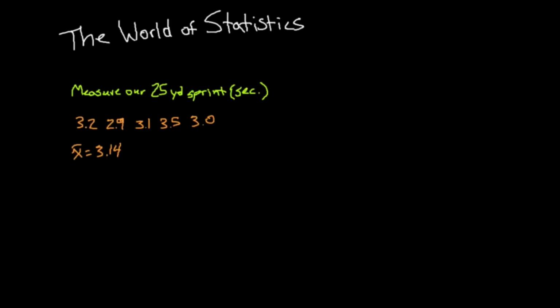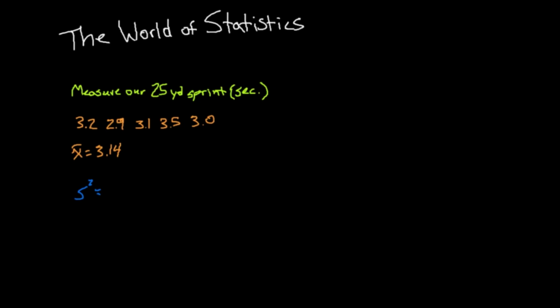In this first example, let's look at our 25-yard sprint in seconds. I've run this 5 times and I took my time down in seconds, and let's measure the variance of my time on the 25-yard sprint. So using the first formula, let's find our s-squared.